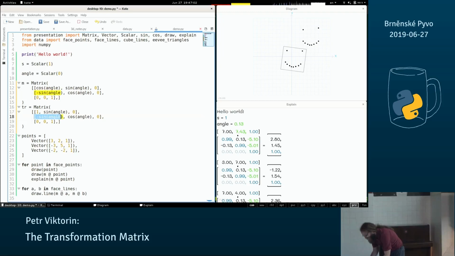1, 0, 1, 0, and how do I move again? You put this -5 in here. Okay.